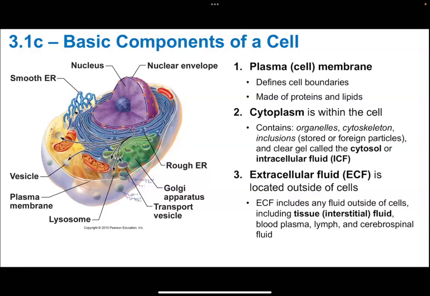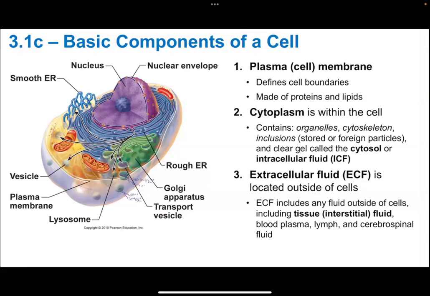So this contains a lot. It contains those subcellular structures, those organelles, the cytoskeleton, some items known as inclusions, and a clear gelatinous fluid called cytosol, which we also sometimes refer to as intracellular fluid. Intra meaning inside the cell.